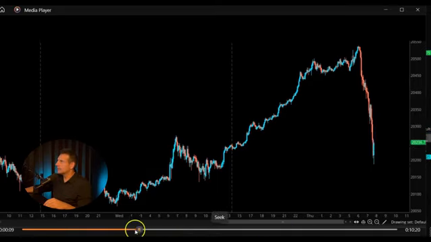So for me, on a scalp, on a quickie in a market like this, I would take it just about right there. Here's a rule that I'll use to make it easy for you, to give you a straightforward example. If half of this candle gets retraced, I'm in. So that would be about right there, I'm in.